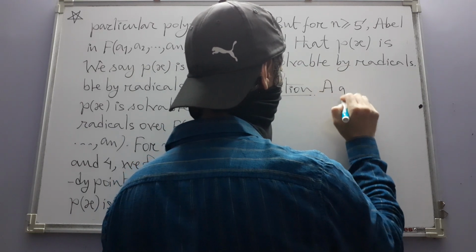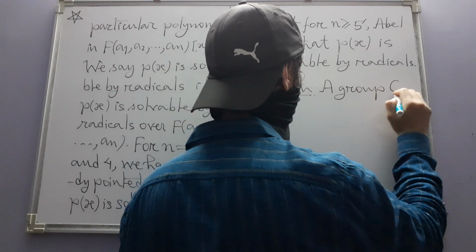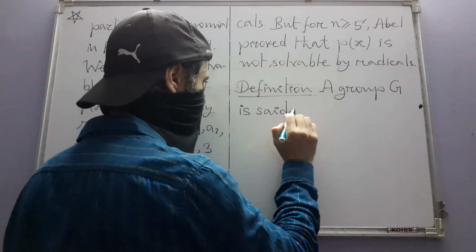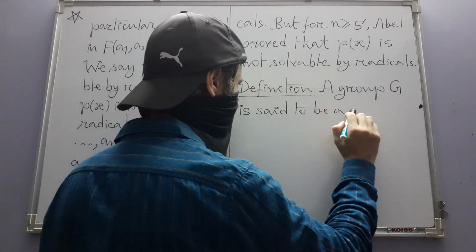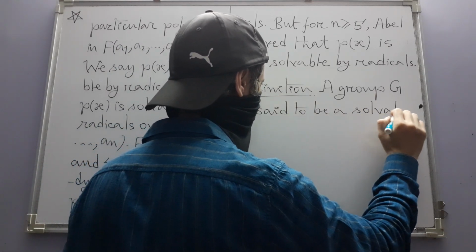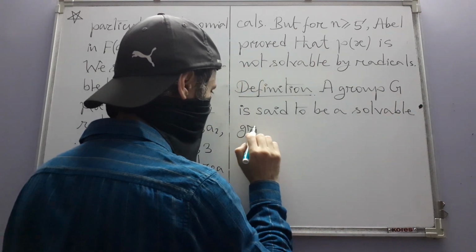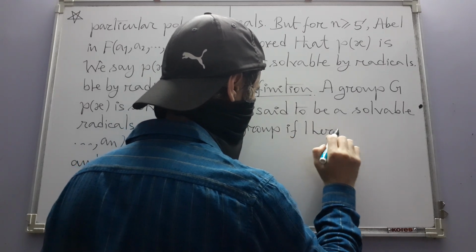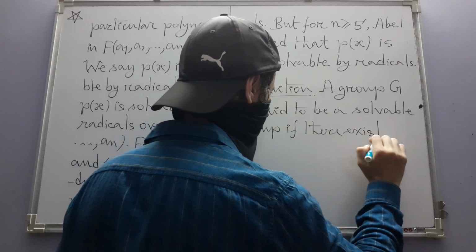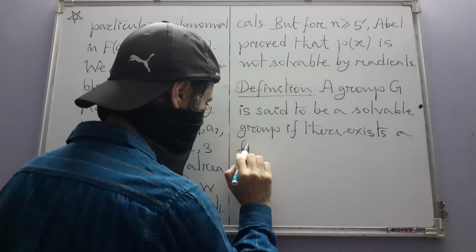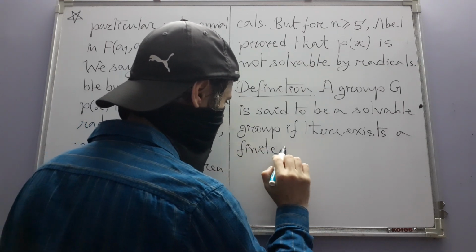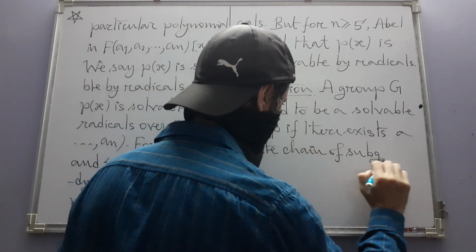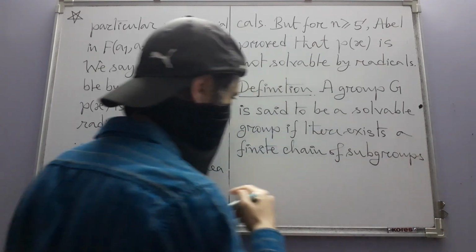A group G is said to be a solvable group if there exists a finite chain of subgroups like this.